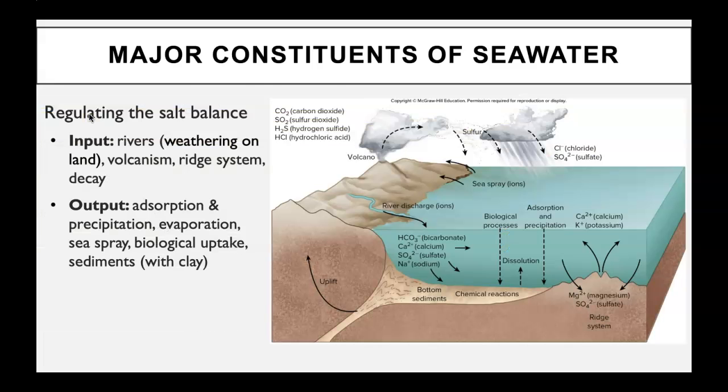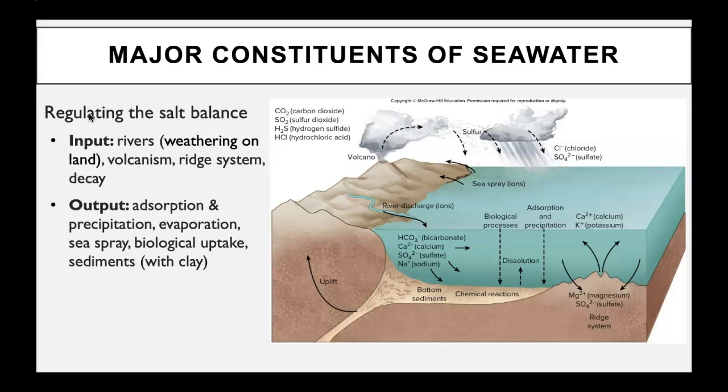The balance of dissolved ions comes about from inputs and outputs into seawater. The inputs are from rivers bringing in dissolved ions from weathering of continental rocks. Volcanoes are going to also put ions into seawater.